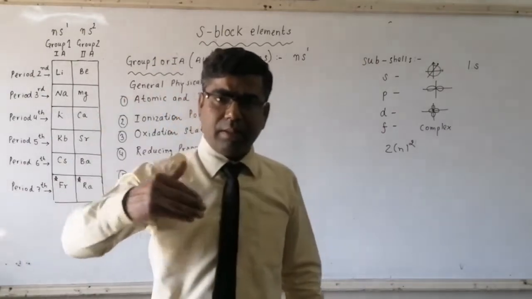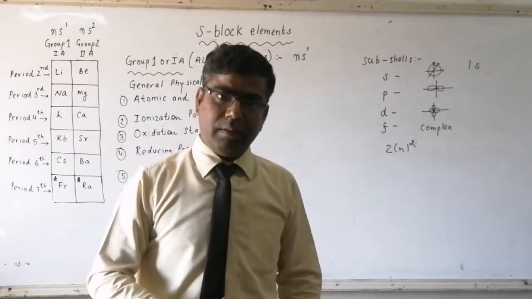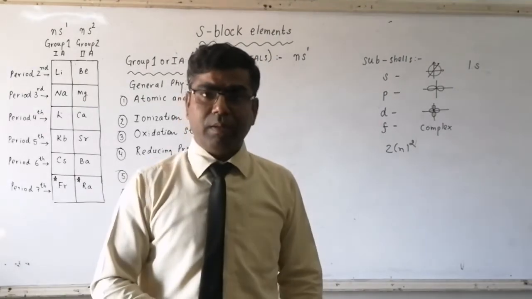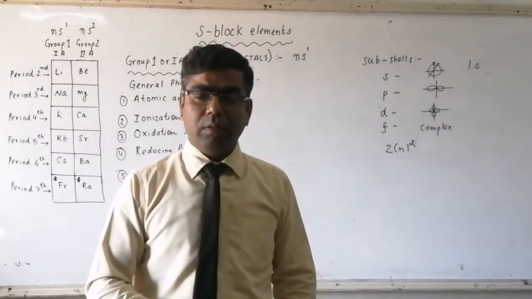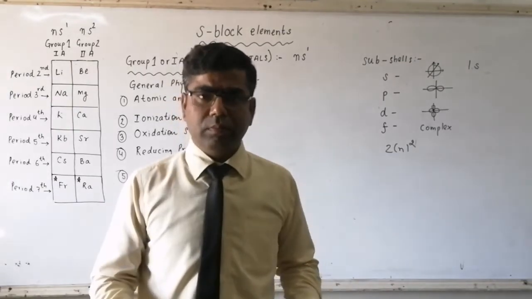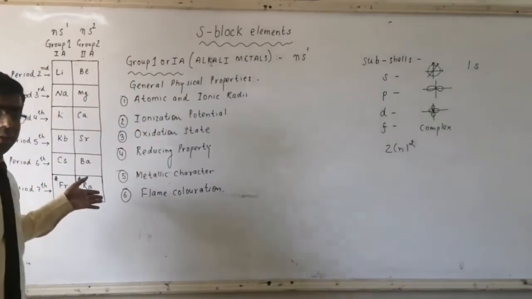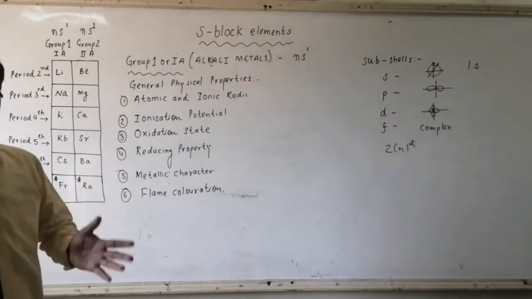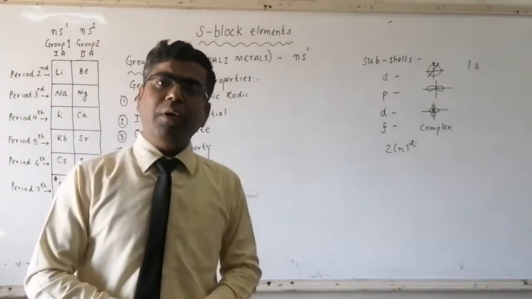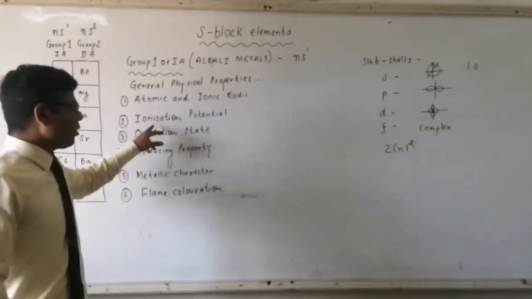When there is an increase in the energy level, the distance from the nucleus increases. So what happens? Size will increase. It's a rule. So if we move down in a group, then atomic size increases due to progressive addition of energy level.